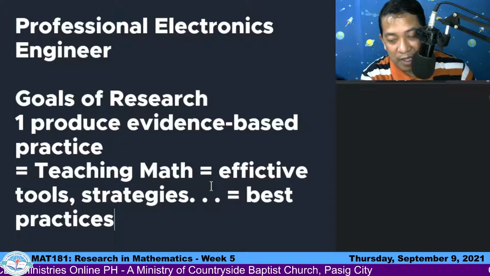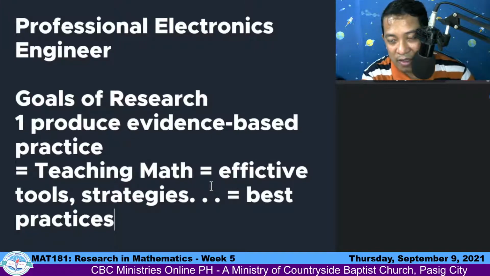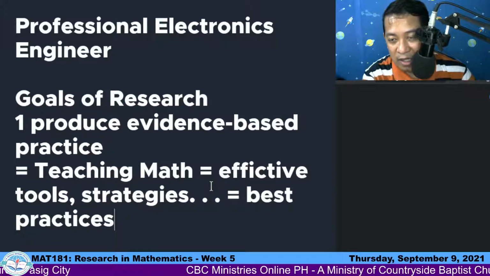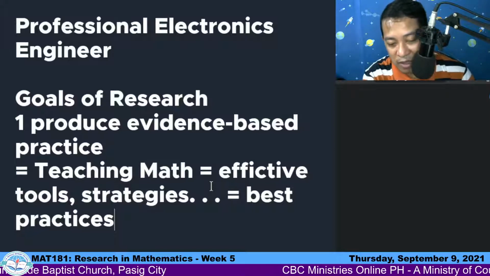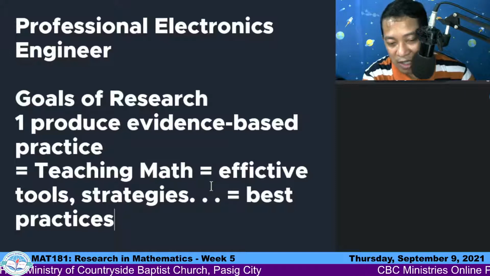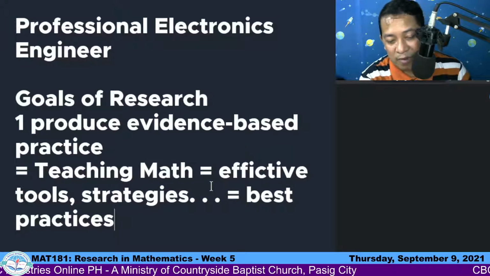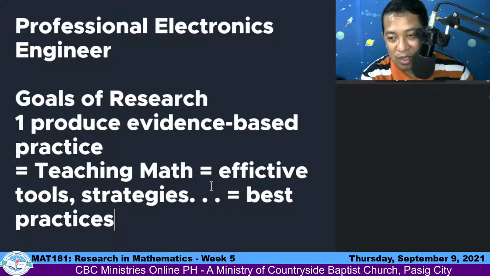Though in different platforms, I've been engaged in classroom teaching up to 2016. Then I shifted to online, more on asynchronous teaching, more on flexible teaching, and then now becoming involved again in the synchronous type of platform because of the pandemic. Then we are using this online platform.